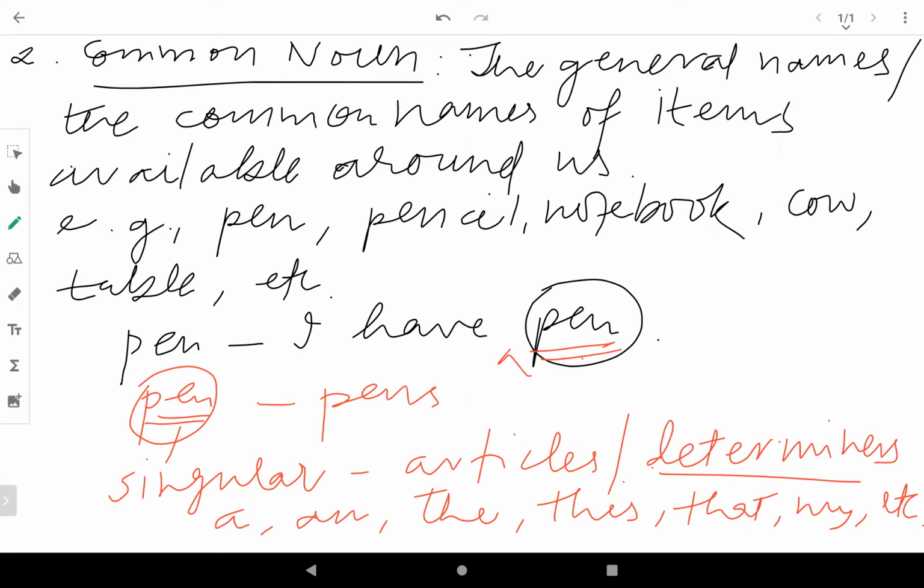We need to add an article here. I have a pen. I have pen is incorrect. We have to add: I have a pen. So we need to learn such things while learning this common noun.